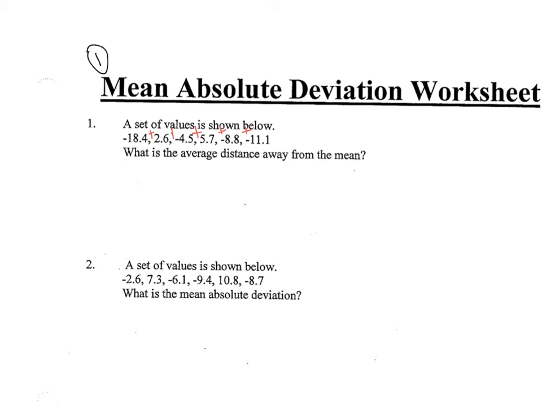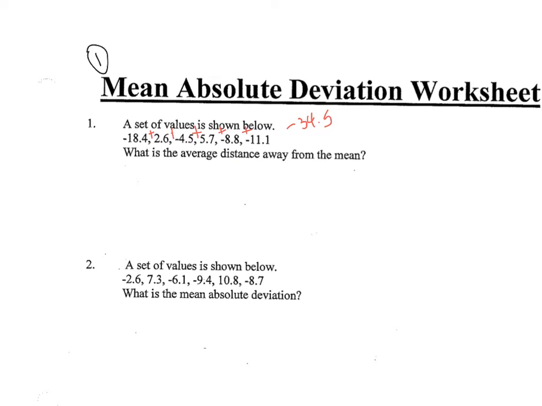So negative 18.4 plus 2.6 plus negative 4.5 plus 5.7 plus negative 8.8 plus negative 11.1. When I hit enter, I get negative 34.5. Okay, that's not my average. That's the total.